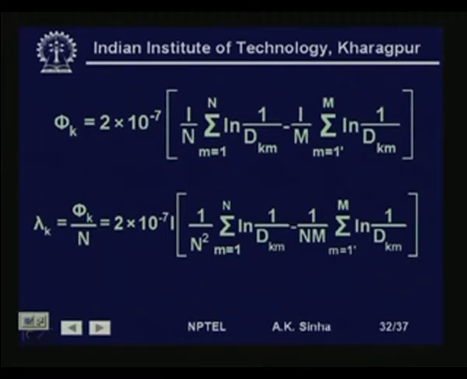This will be equal to 2 into 10 to the power minus 7 into I, and when we divide this expression by n, we get 1 by n square sigma log n 1 by d k m minus 1 by n into m, 1 by m again gets divided by n. So, 1 by n into m sigma log n 1 by d k m.